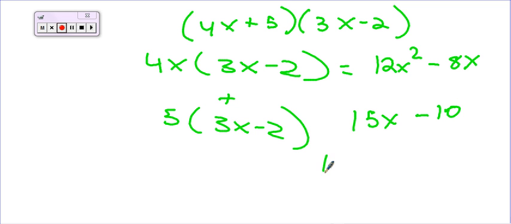Okay, now I have everything down. Now I add like terms. 12x squared is by itself. Negative 8x plus 15x is 7x. Then minus 10 is by itself, and it's done. That's how easy these are.